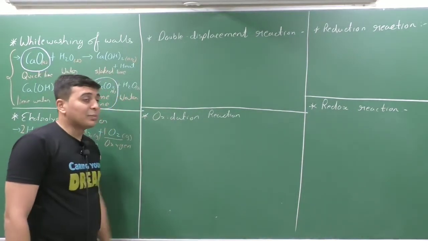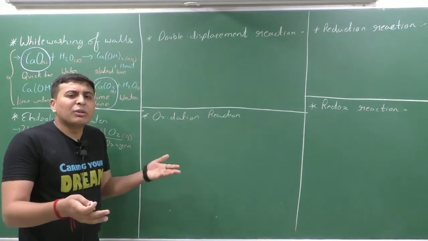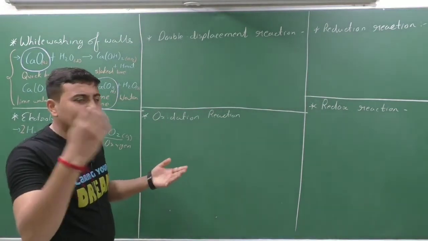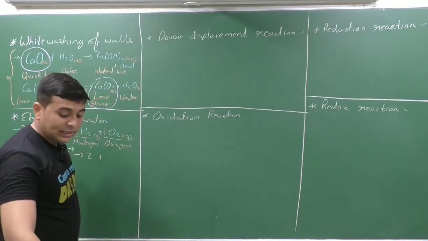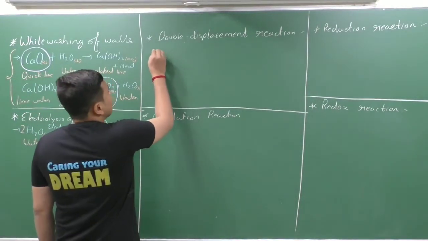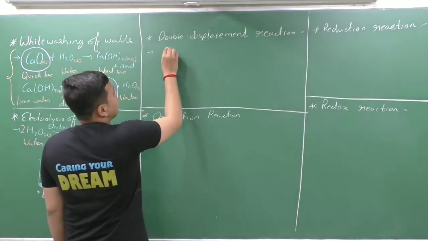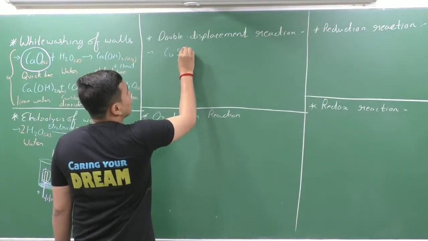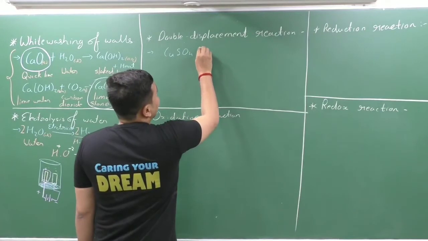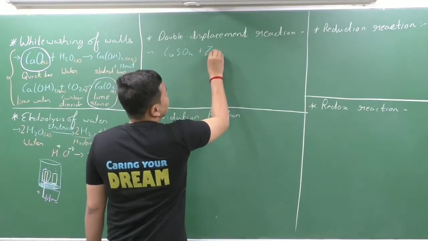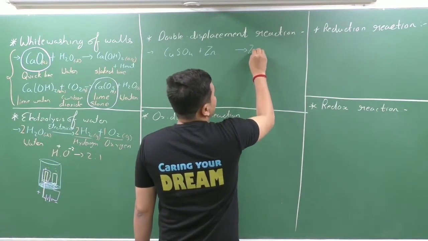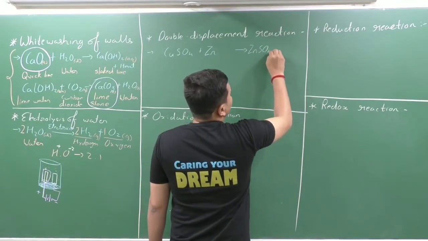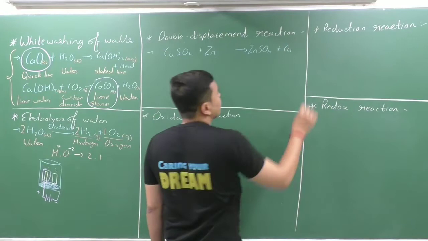Now, double displacement reaction. So let us remember what a displacement reaction is. We have seen the example of a displacement reaction: CuSO4, copper sulfate, when it reacts with zinc, forms ZnSO4, zinc sulfate, plus Cu.